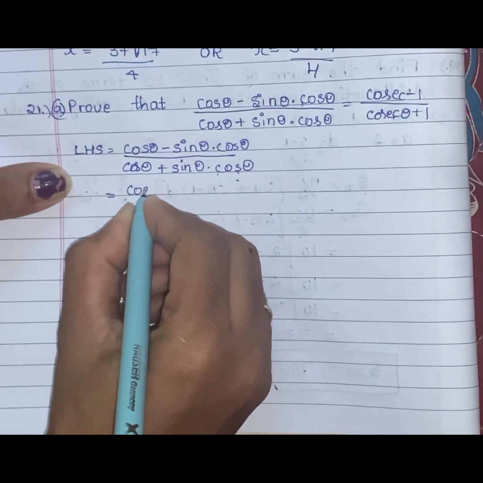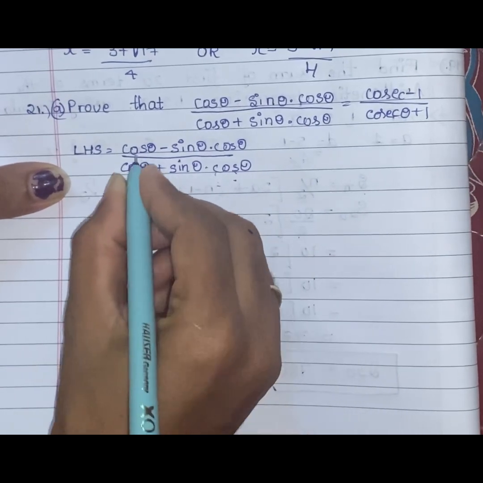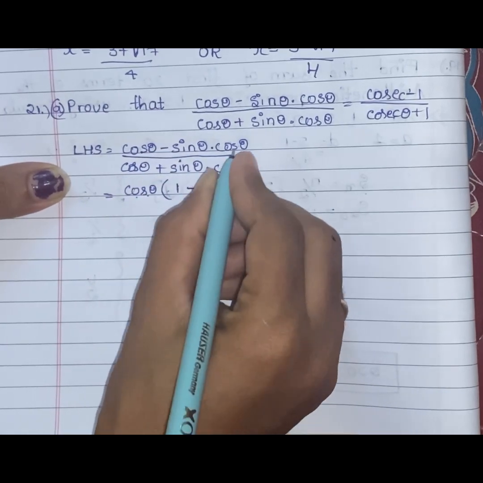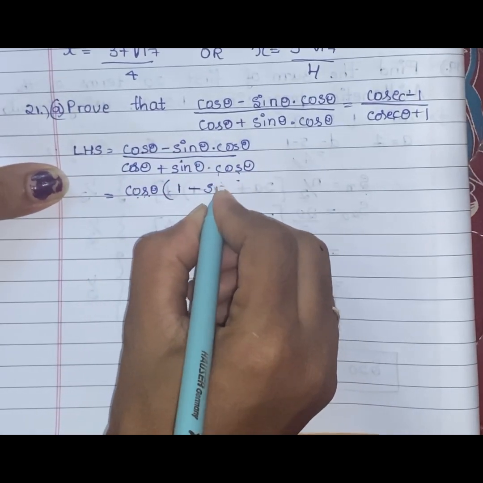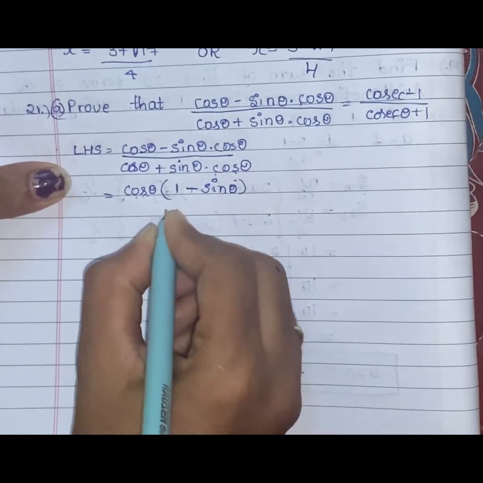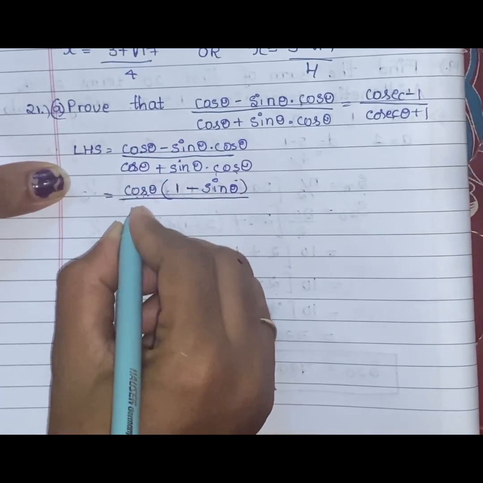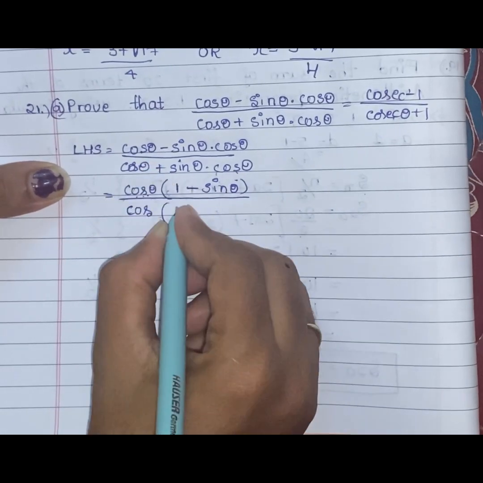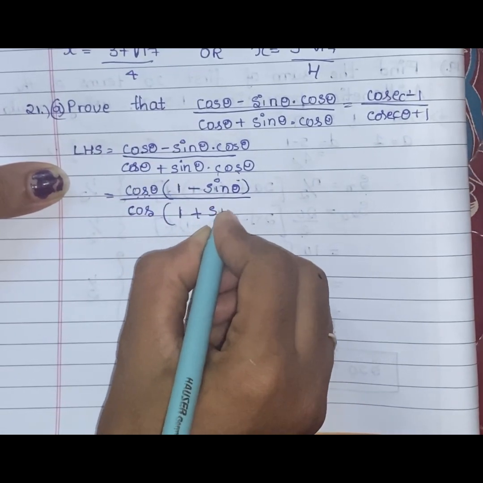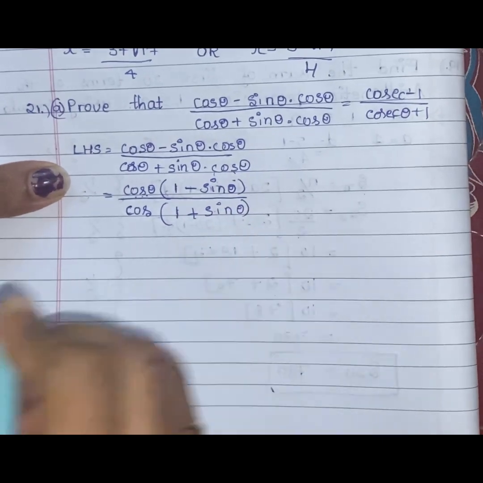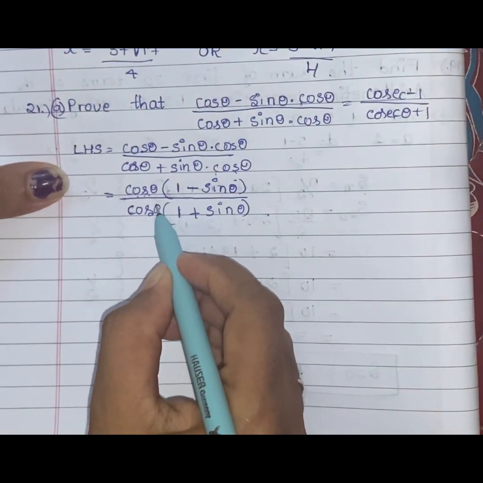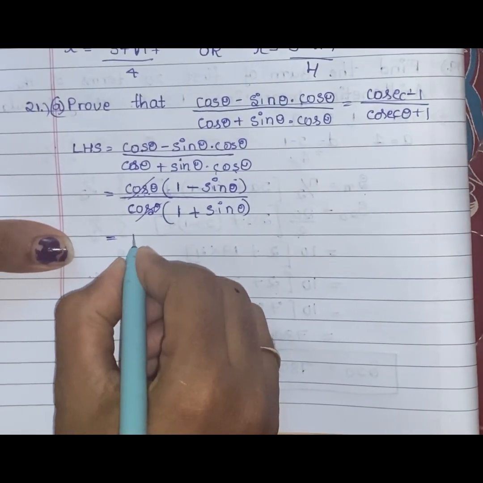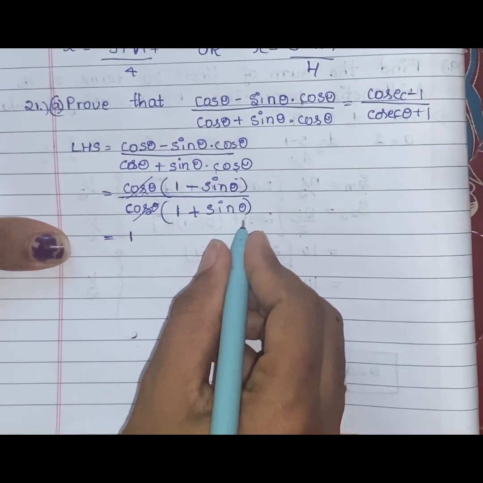If you take cos theta as common, it is 1 minus sin theta. Divided by, again in the denominator you take cos theta common, so it is 1 plus sin theta. Okay, now cos theta and cos theta got cancelled. Now you have 1 minus sin theta and 1 plus sin theta.